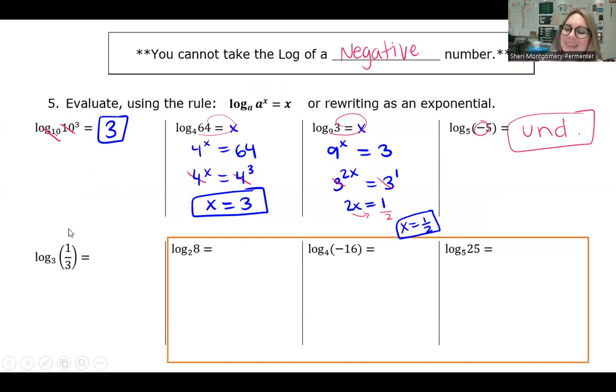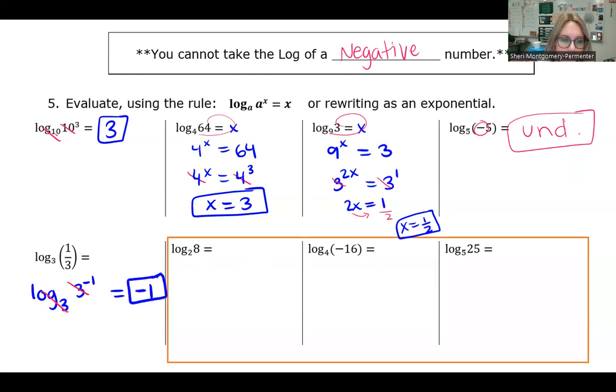That 1/3 is the same thing as 3 to the negative 1 power. And so it doesn't matter if it's written like this or like this. When those bases are the same, then you're just left with the exponent.